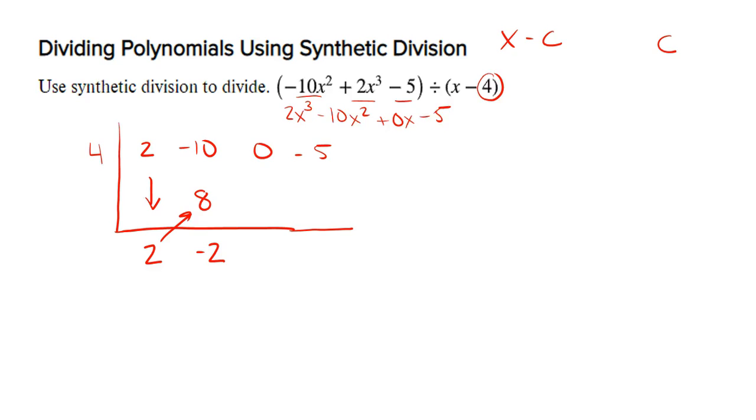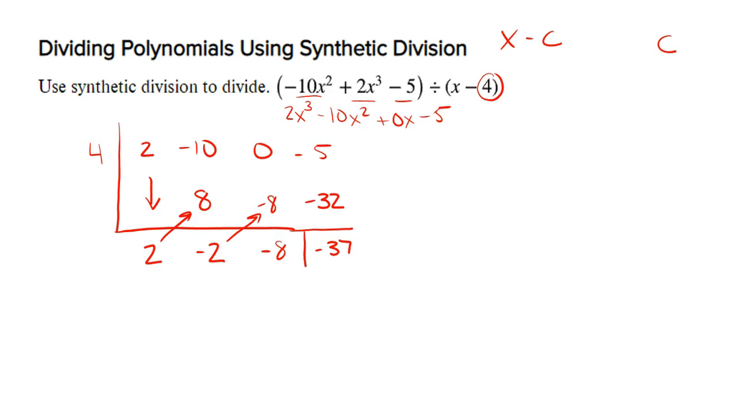Multiply 4 times negative 2 will give you negative 8. And we add 0 plus negative 8 will give you negative 8. Multiply again, 4 times negative 8 will give you negative 32. And then we add, and we get negative 37.